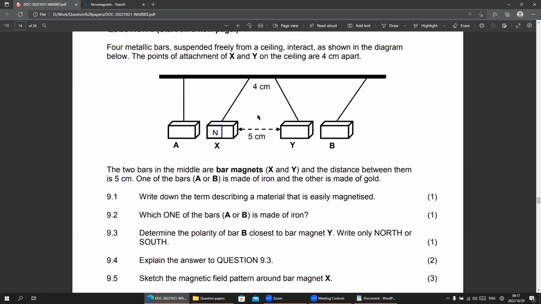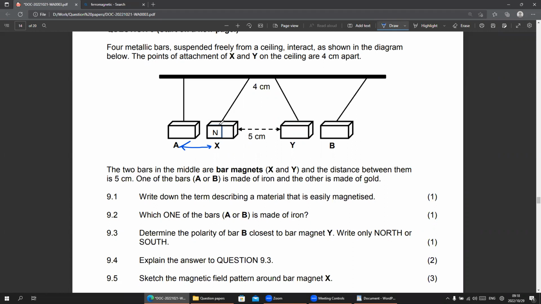So just out of curiosity, can you attract gold? No, sir. So this is basically like if you know the properties of gold and iron, you can see that the interaction between X and A, there's no interaction from the looks of it.